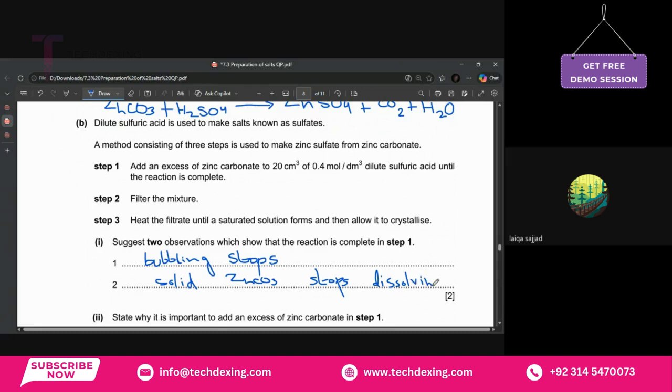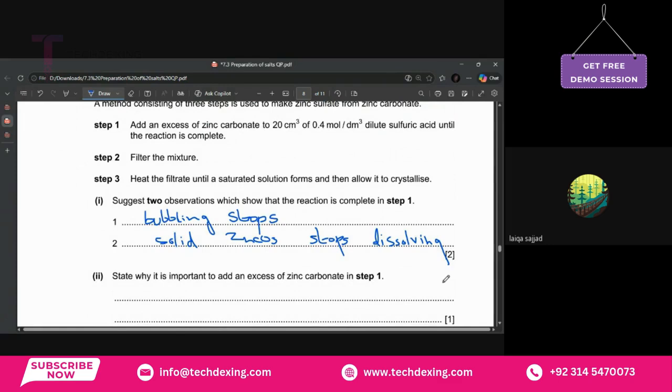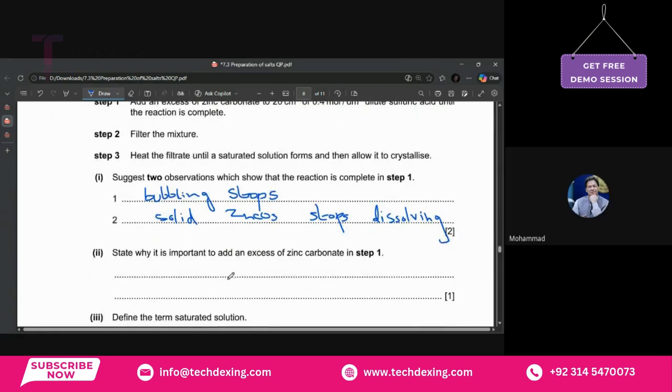State why it is important to add an excess of zinc carbonate. So the sulfuric acid gets reacted completely. Yes, very good, so that all the acid can be utilized.